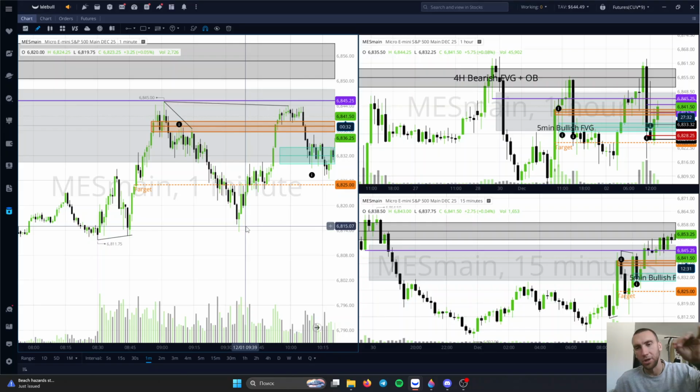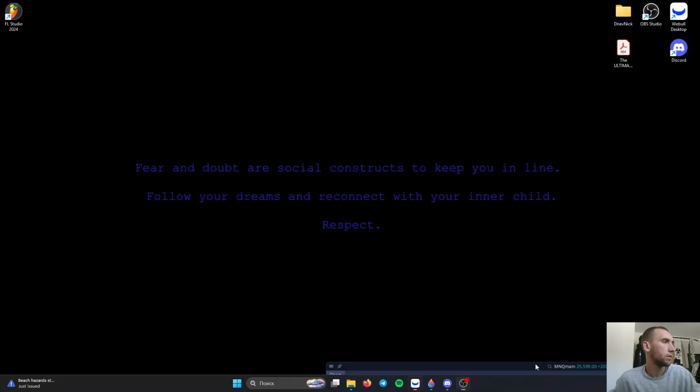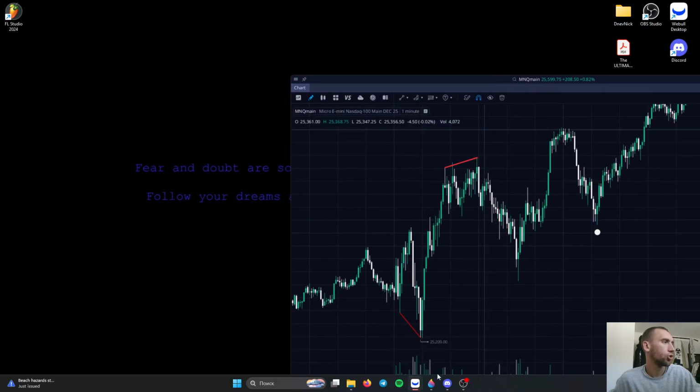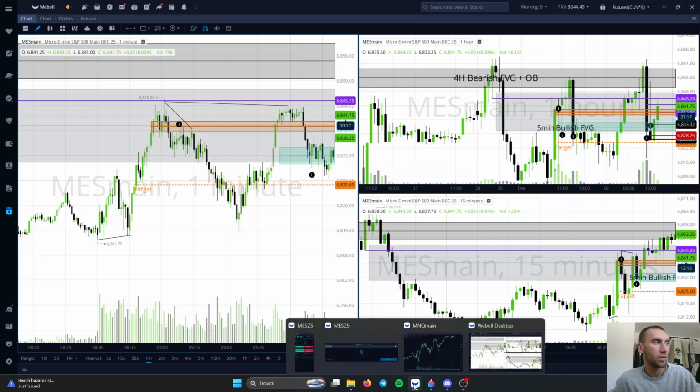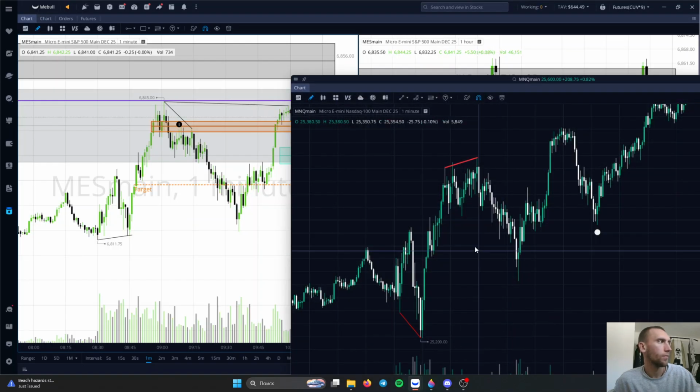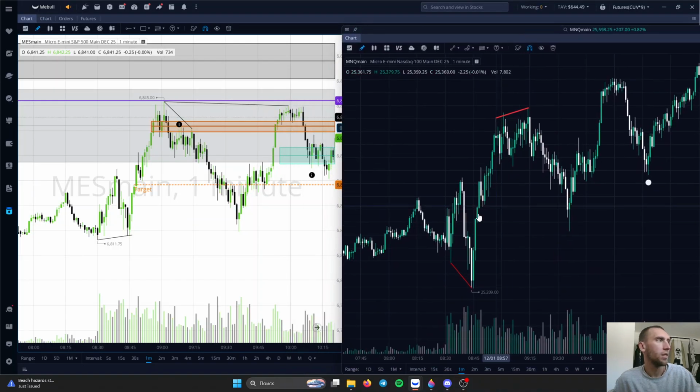And just a little cherry on top, let me pull it out. I want to go over the SMT divergence real quick. This is a correlation between two different pairs. On the right-hand side is the NASDAQ, on the left-hand side is the same S&P 500.